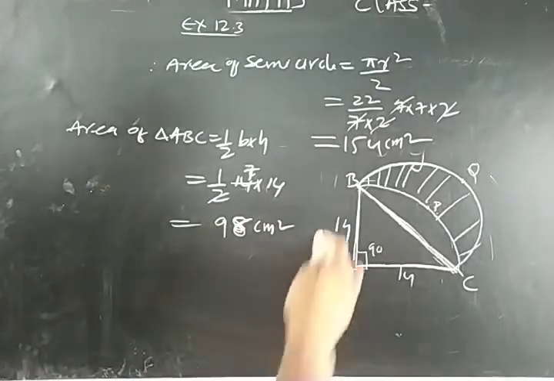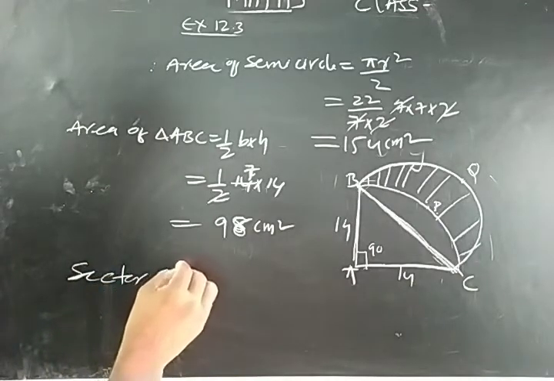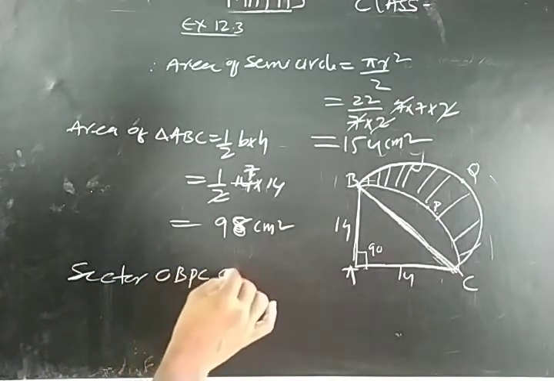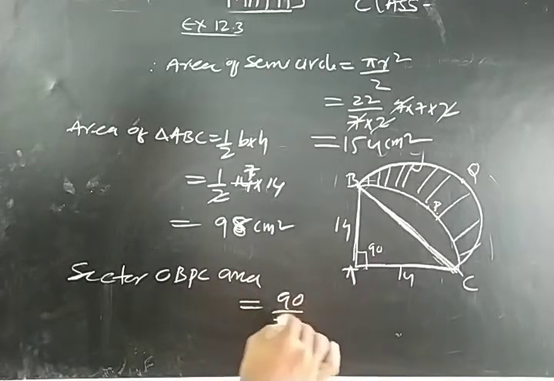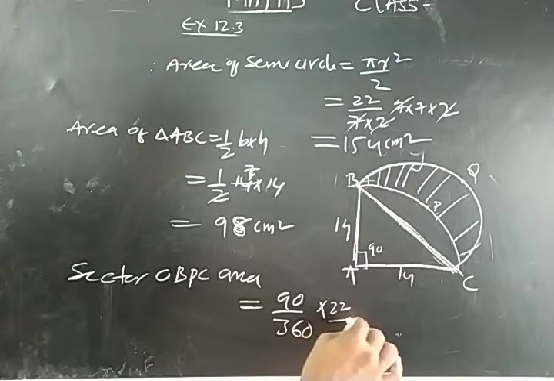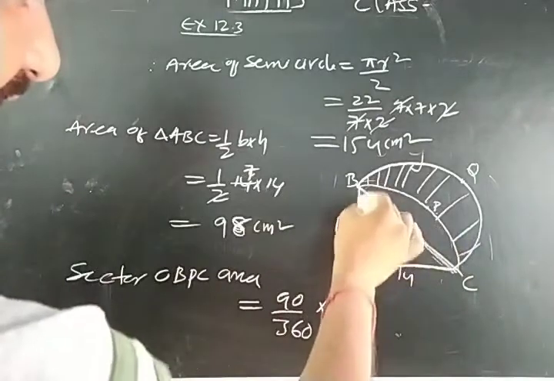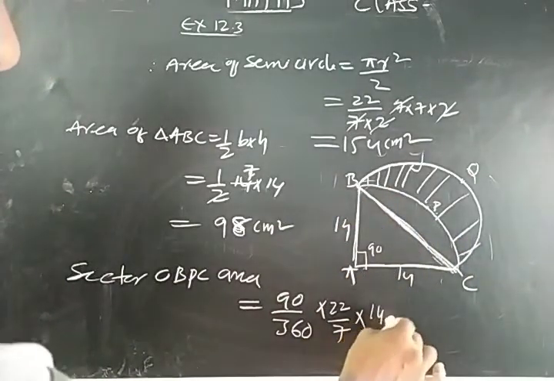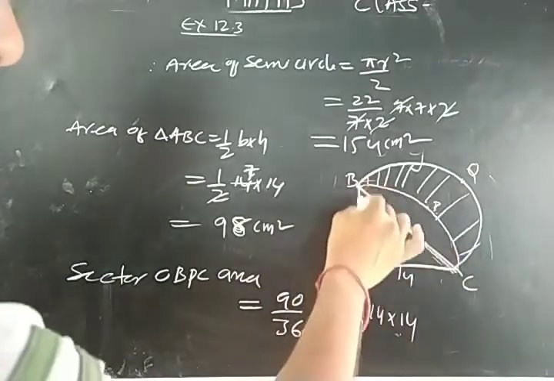Right, now the sector area. Sector BC area is equal to theta 90 degrees by 360, pi value 22 by 7, r squared. Now for this sector, what is the radius? 14. So 14 into 14. For this sector, the radius is 14, right?